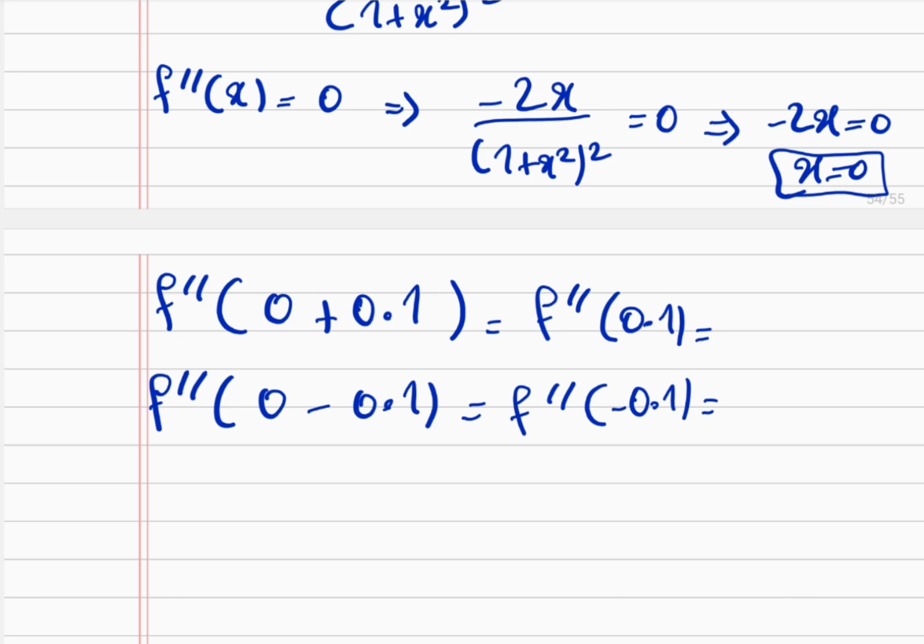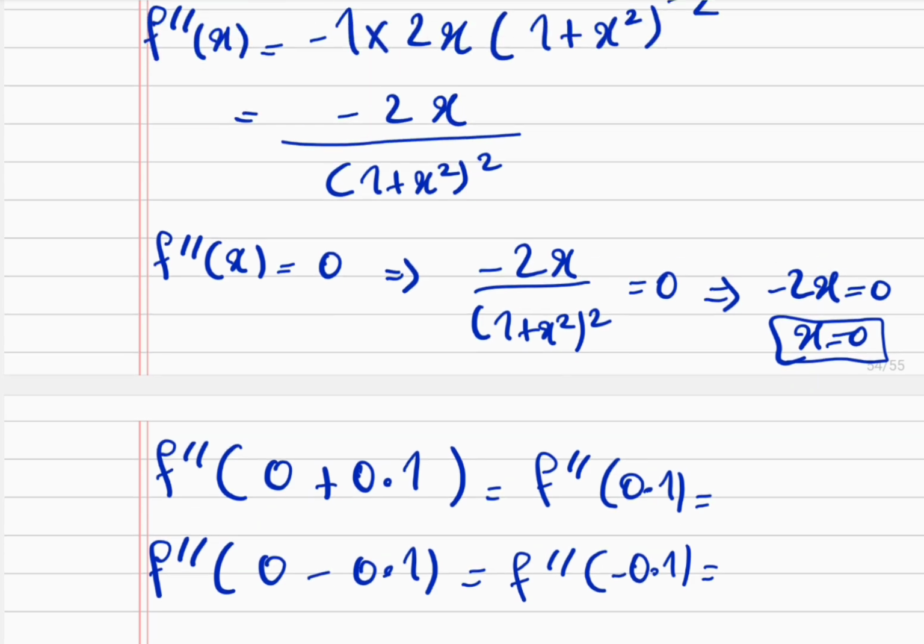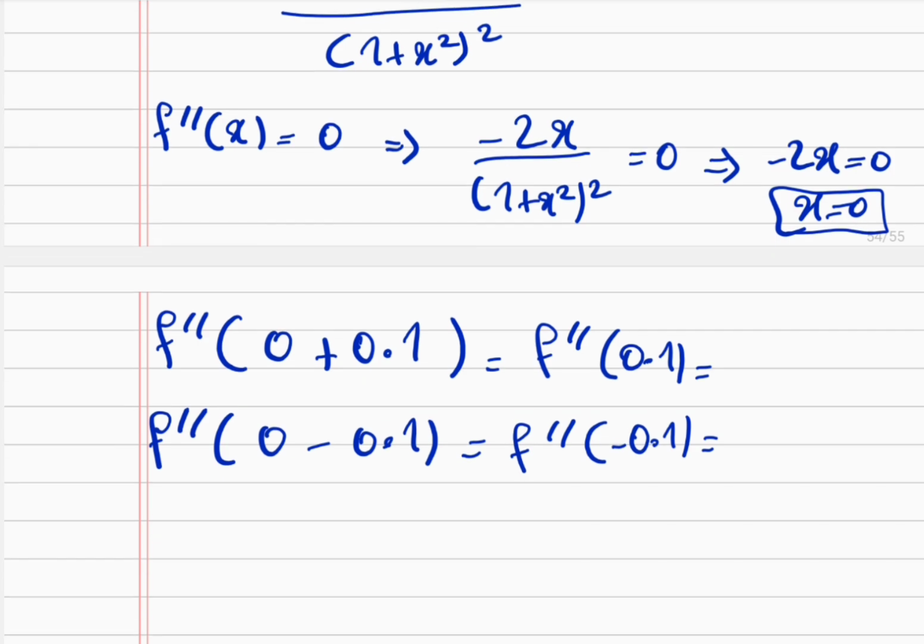But if you end up getting two same signs, both positive or both negative, then this is not a point of inflection. So this is the second test that students usually forget. They only solve up to the first step, and then they just say, okay, this is the point of inflection, but it's not always the case.